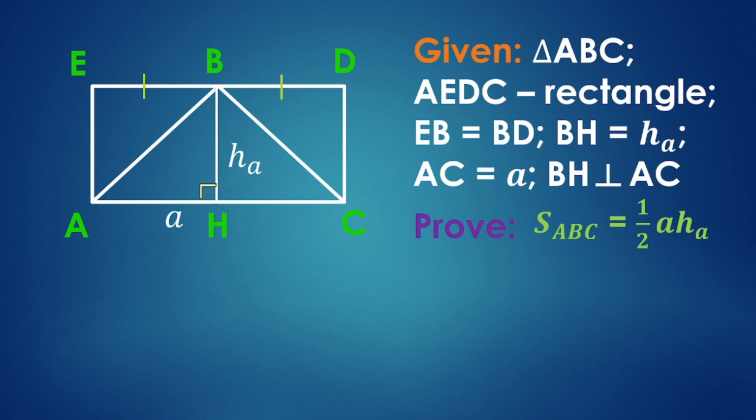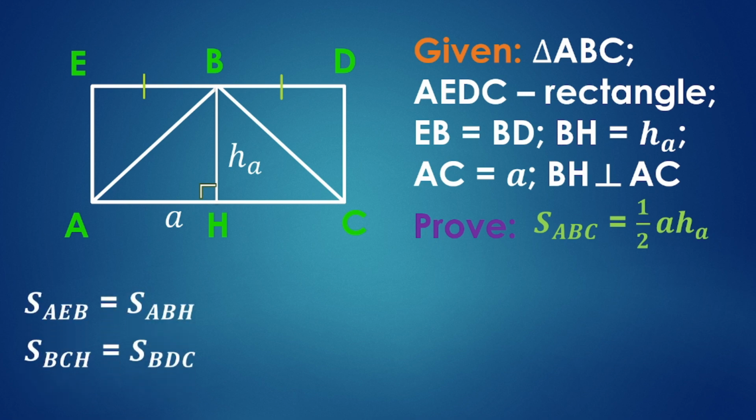So we take the rectangle AEDC and we take the triangle ABC. Let EB equal BD, BH equals the height, AC equals A, and let BH be perpendicular to AC. So the area of the triangle AEB will be equal to the area of the triangle ABH. The area of the triangle BCH will be equal to the area of the triangle BDC.